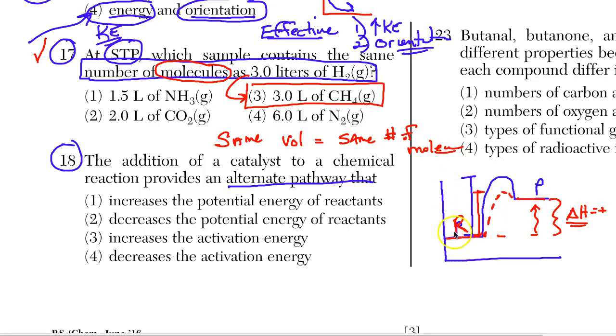For the same amount of energy, more reactions can occur. So a catalyst provides an alternative pathway that decreases the activation energy. This is a big topic that continues to show its head over and over in part one, in the multiple choice, and in the free response. I call that anyway. So 18 is 4.